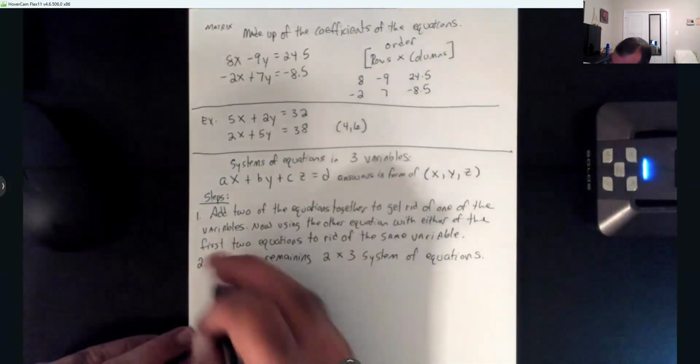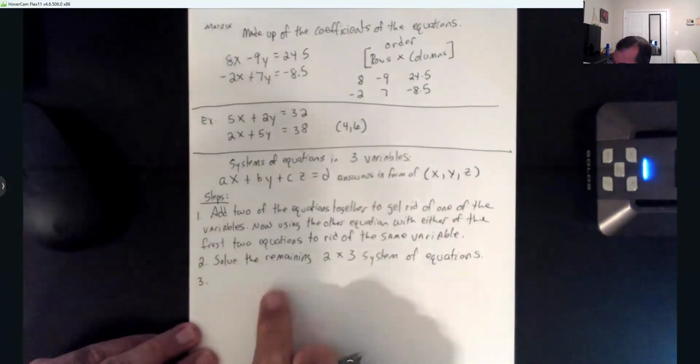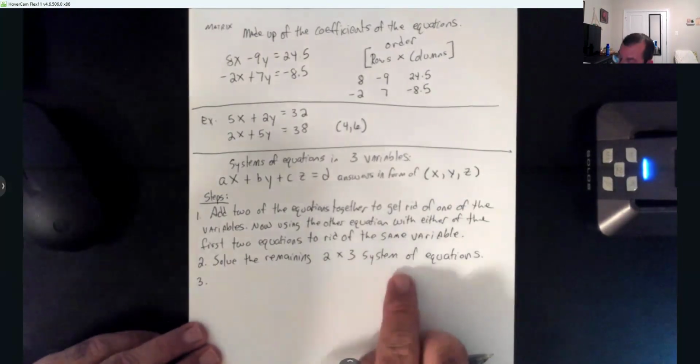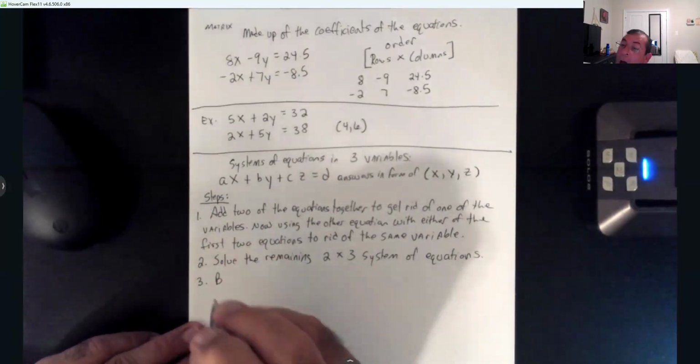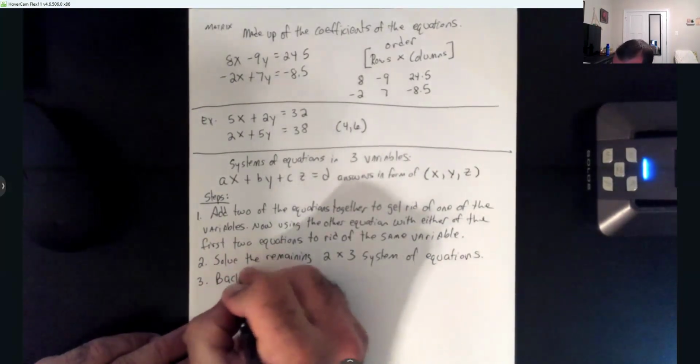All right. Once we solve this and got our variables, we then do a lot of back substituting.